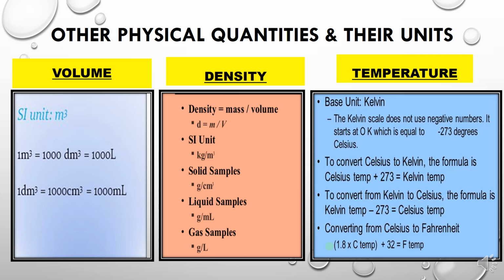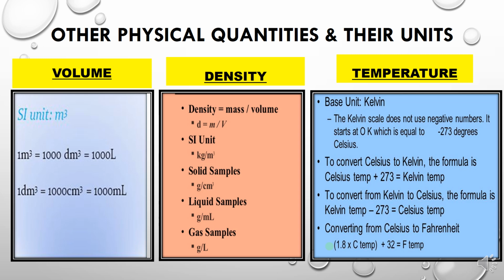Next is temperature. As you all know, the SI unit of temperature is Kelvin, and there are some other units of temperature also, named Celsius and Fahrenheit. When you solve numericals in chemistry, we generally use the SI unit, but sometimes the temperature may be given in Celsius scale, so you can easily convert that Celsius temperature by adding 273 to convert into Kelvin scale.